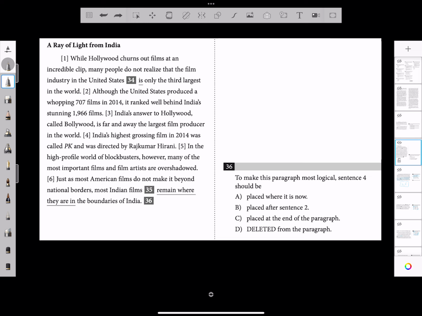So we want to be thinking about a few things. Can we place it next to a sentence it goes with? And are we splitting up sentences that have to go together, which we don't want to do? So where it is now, we want to ask ourselves, do sentences 3 and 5 go together? So take a second and figure that out.